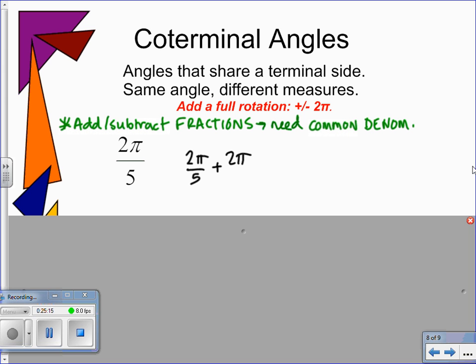Do not fall to the temptation of saying your answer is 4 pi over 5, because this 2 pi is really like 2 pi over 1. So here's where that extra statement applies. In order to be able to add these, you need common denominators. So a good common denominator for these would be 5. Multiply this by 5 over 5.